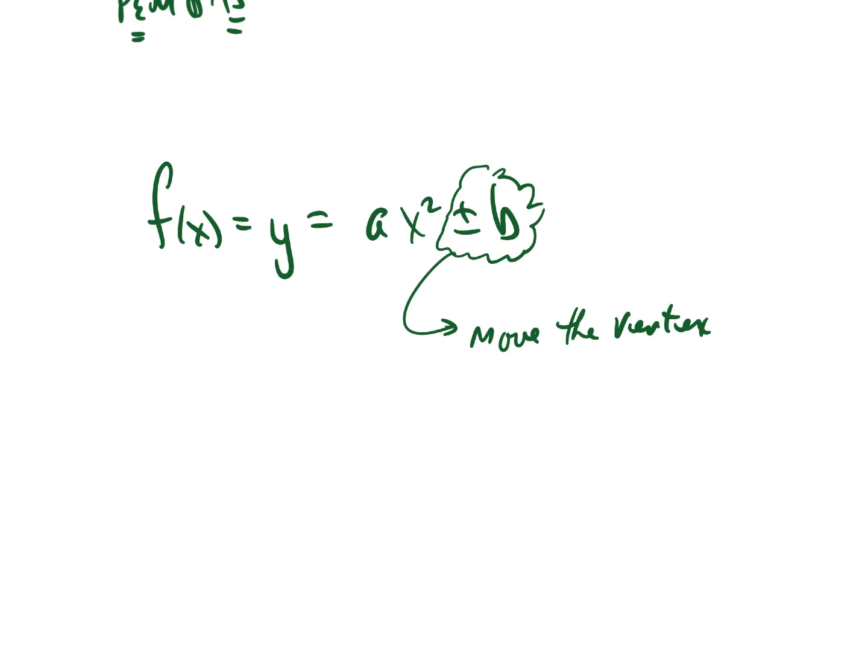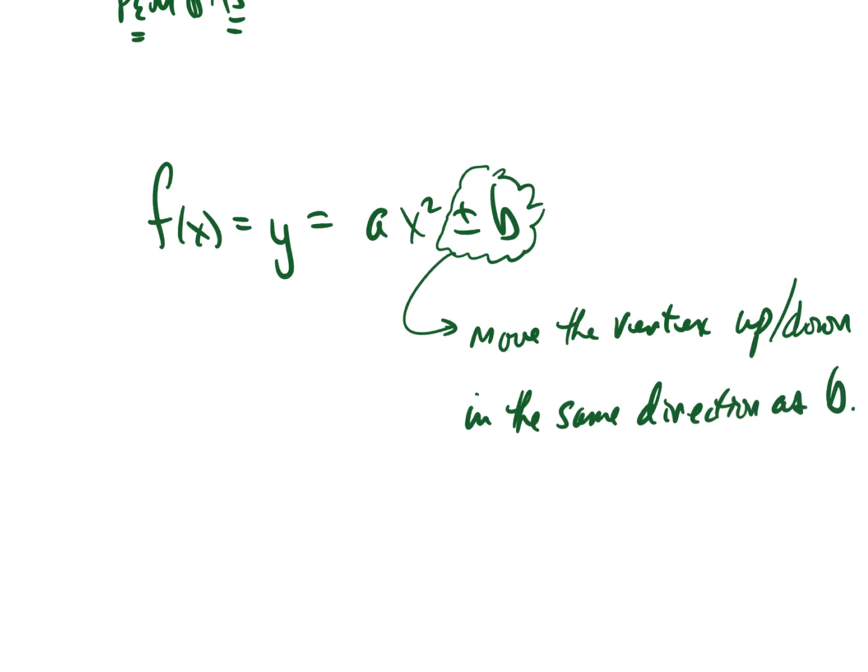It's going to move the vertex up or down in the same direction as b.